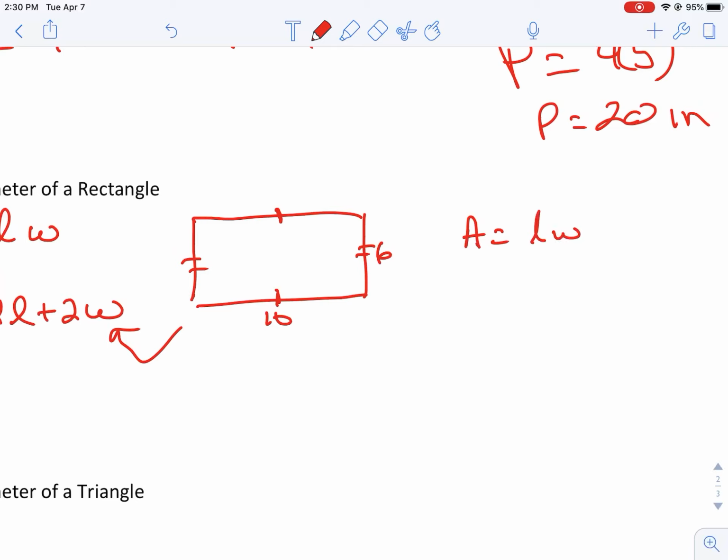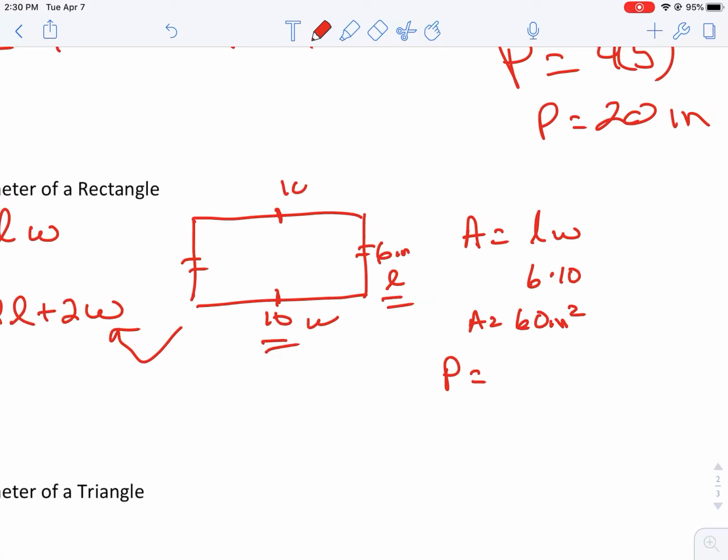But for the area, it's pretty simple. The area is the length times the width. Just call one the length, one the width. 6 times 10, okay, let's call these inches, and the area is 60 inches squared.